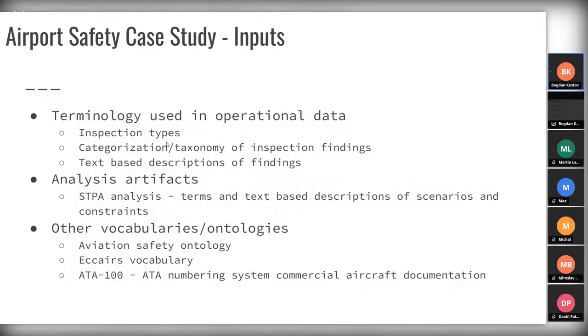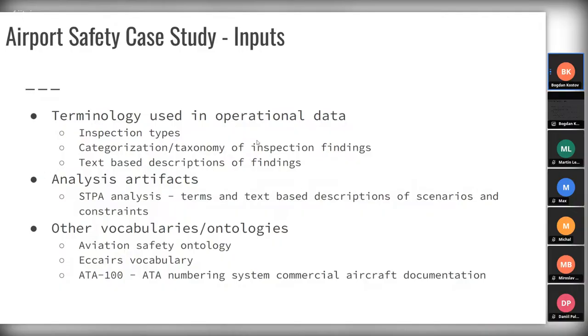And then we can actually annotate the findings, the text, the descriptions of the findings, with those terms, or terms from the ontology, and maybe allow the user to better analyze the findings.